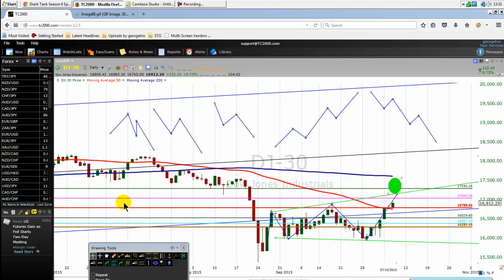Or we have a flat correction. We see the A, B, and during a C move, flat correction, 1, 2, 3, 1, 2, 3. Now, if you have 1, 2, 3, 4, and during the fourth we see an expanding triangle, we know that the fifth part of the C part of our flat correction is about to be completed. Don't get confused.